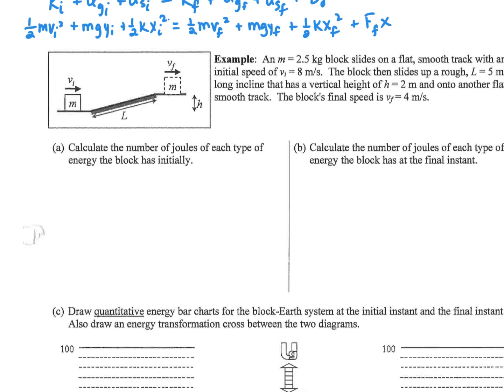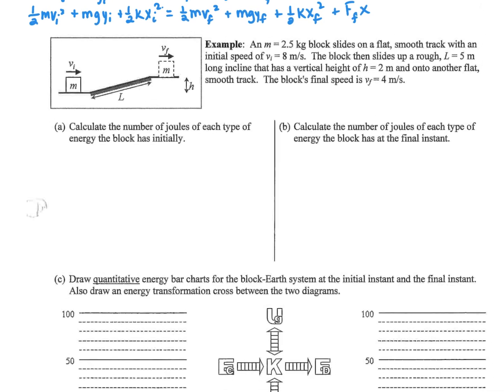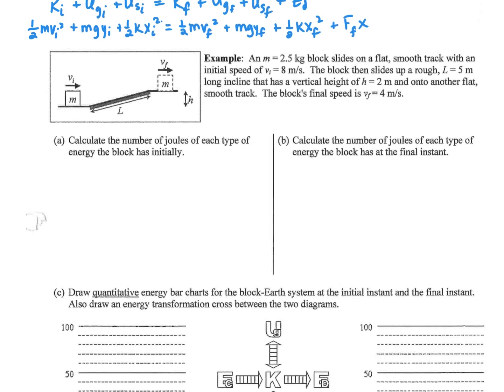Now we have a 2.5 kilogram block sliding on a flat, smooth track with an initial speed. Okay, so we know it has kinetic energy to begin with. It slides up a rough, long incline, so we know there's friction.